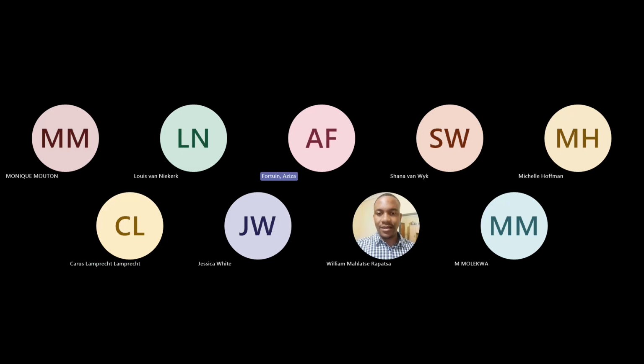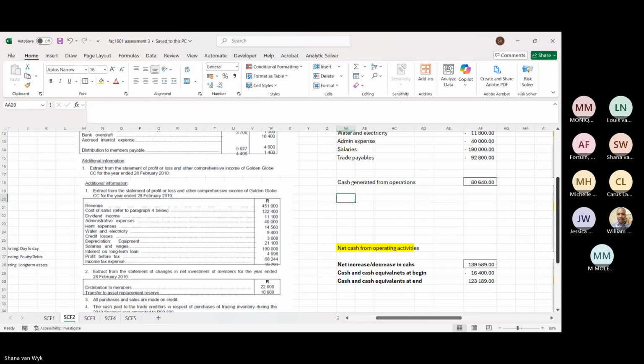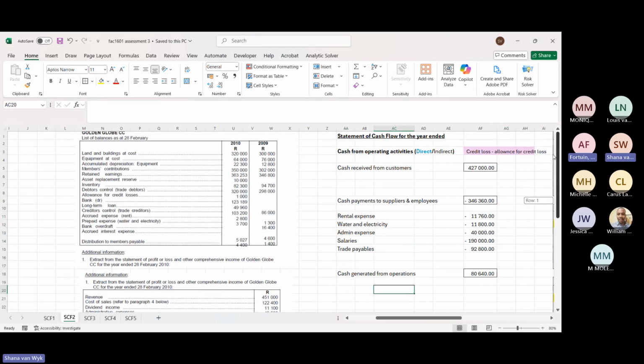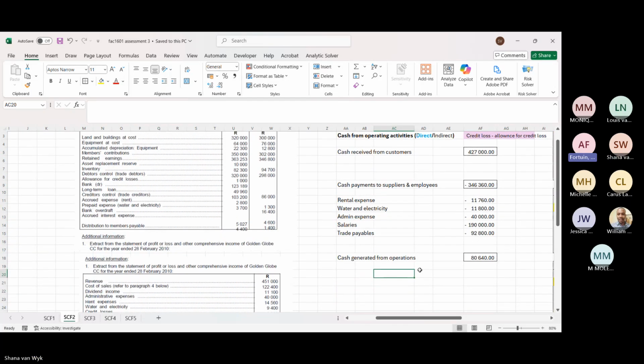Shana, you just need to continue now. We're looking for the net cash flow from operating activities. The only thing left is cash generated from operations. Dividend income is your non-cash items, so not this one. Credit losses, no. But where's the depreciation, the non-cash stuff that I told you to move down? I didn't delete anything. The stuff that I said was the interest and the tax. Oh, it was only the interest one.